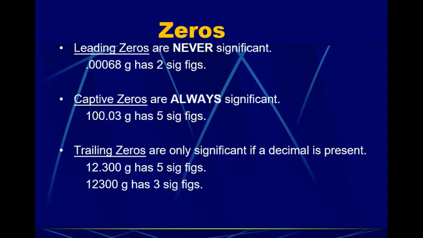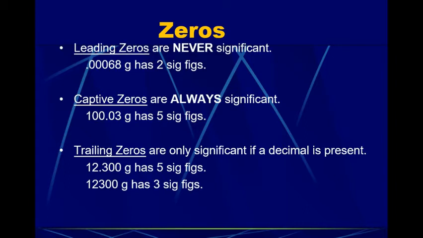So let's summarize that. Leading zeros are never significant. 0.00068 has 2 significant figures. Captive zeros are always significant. 100.03 has 5 significant figures. Trailing zeros are only significant if a decimal is present.